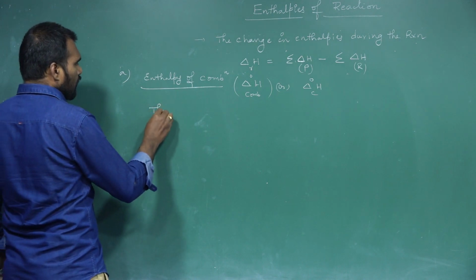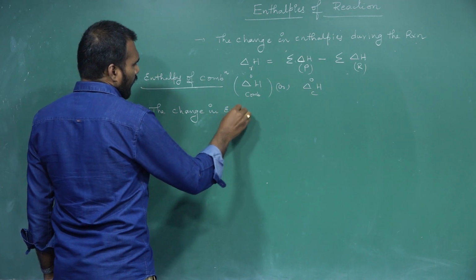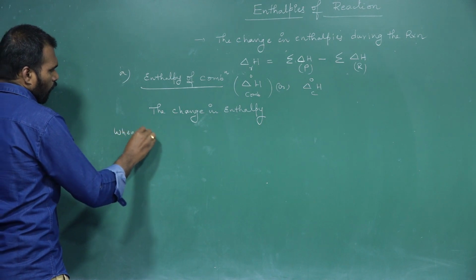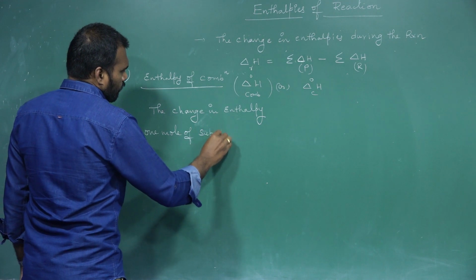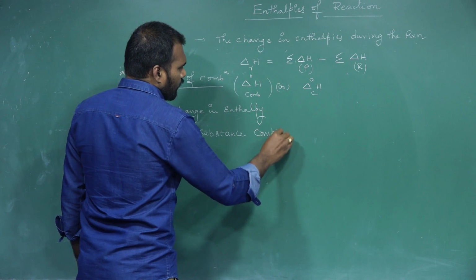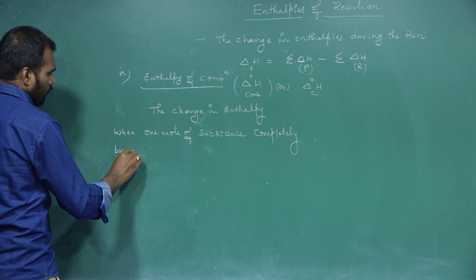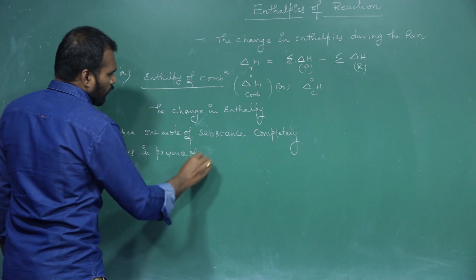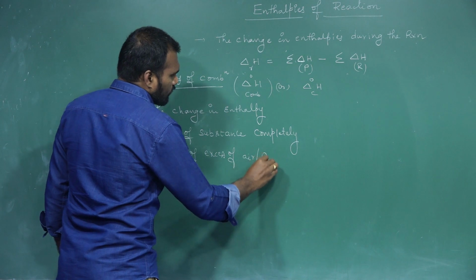Here I am writing the definition for the enthalpy of combustion. That is, the change in enthalpy when 1 mole of substance completely burns in presence of excess of air or oxygen.